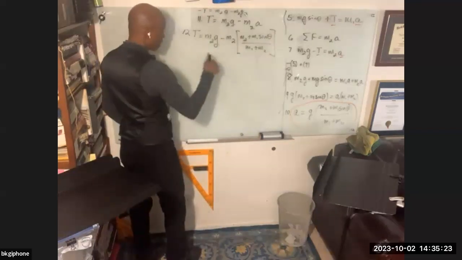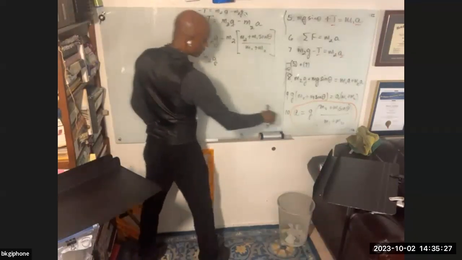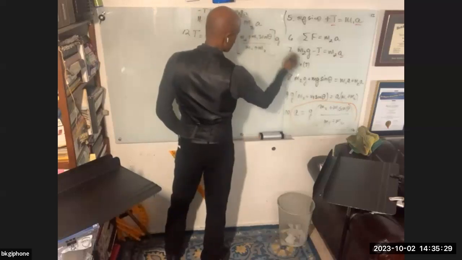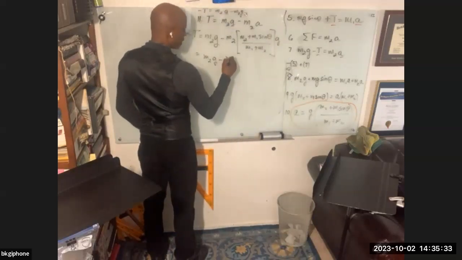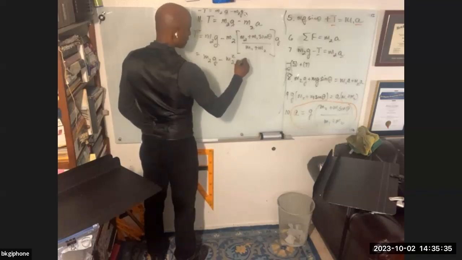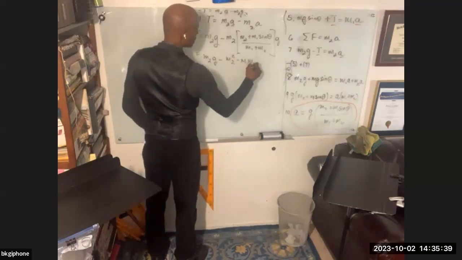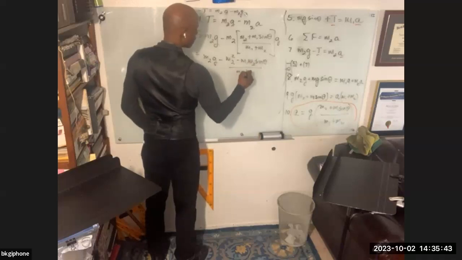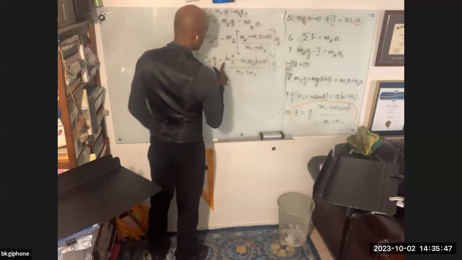Okay, so then that becomes m2g. Oh, and there's a g here. Sorry, I'm putting the g on the outside. I forgot it. So that becomes minus m2 squared minus m1 m2 sine theta over m1 plus m2, all that times g.